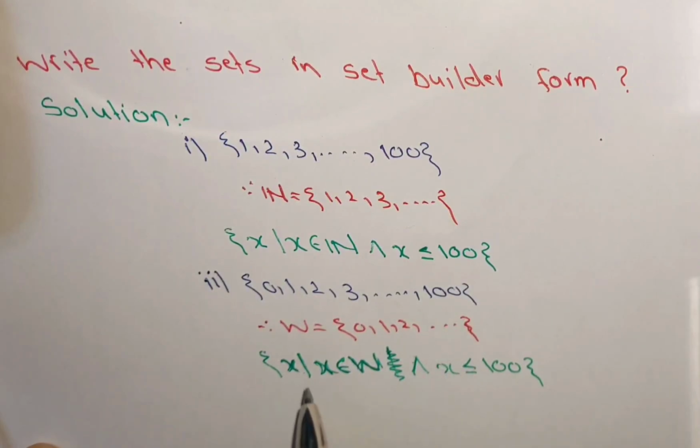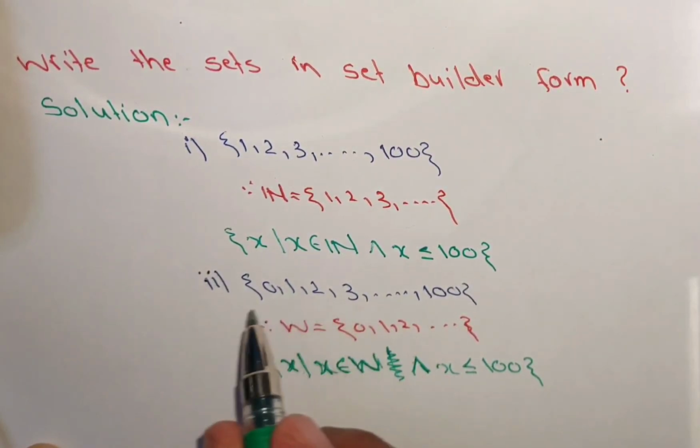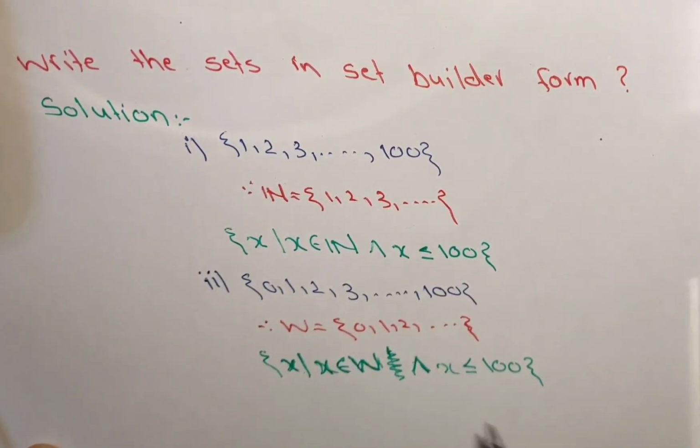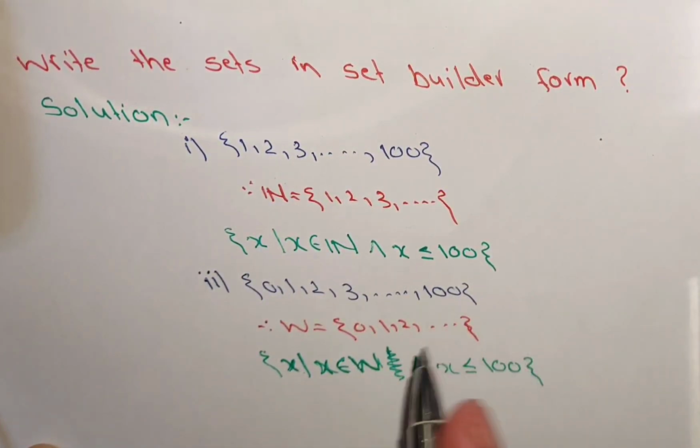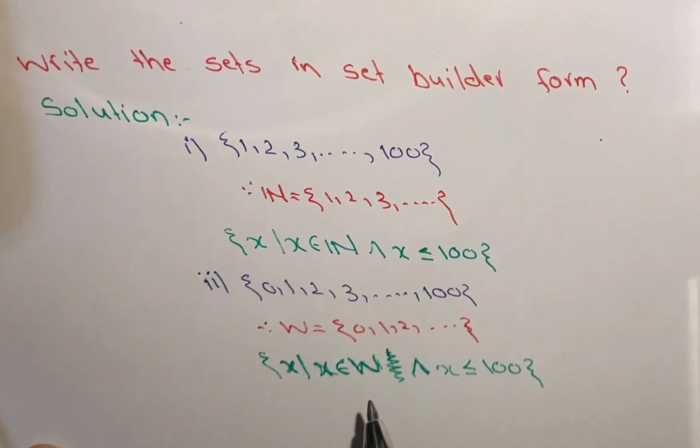First I write the sequence: I take x and x is a whole number, then this sign, and then I take the limit, which starts from 0 to 100. So x may be less than or equal to 100. Since x is a whole number it starts from 0, but if x is a natural number it starts from 1. In this way we can write any set in set builder form.